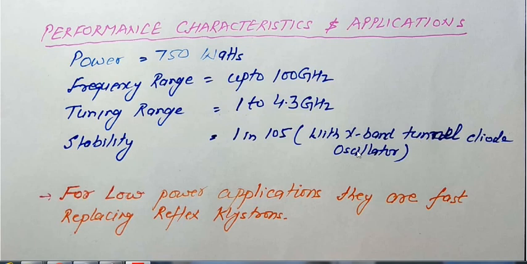Here X-band is normally roughly 8 to 12 gigahertz, which we use in instruments in laboratories. This tunnel diode is used for low power applications. They are fast replacing the reflex klystron.